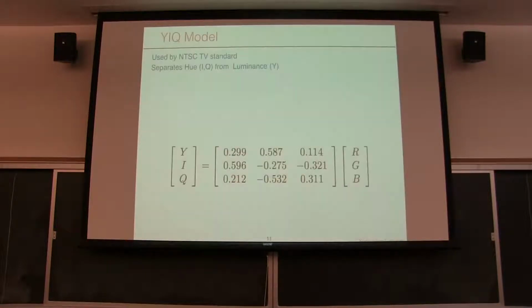So the YIQ model separates the hue from the luminance. And so Y is the luminance, so that would be what you would transmit to a black and white old TV, which will result in just one channel.